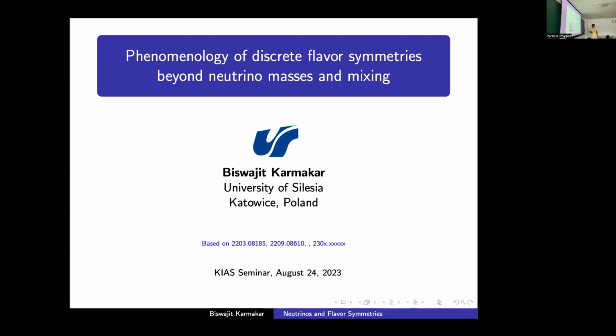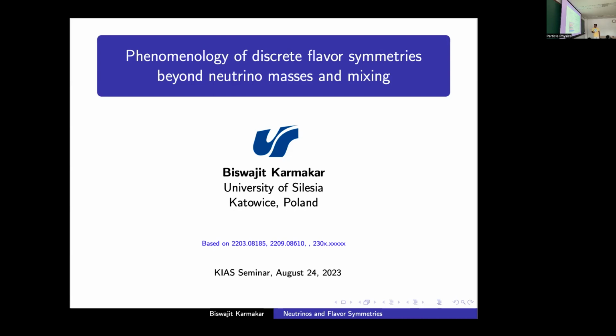Now, this is what we know about the lepton masses and mixing. You can see that the neutrino masses are very light compared to the other standard model fermions. If there are three active neutrinos, we can have three non-zero neutrino masses, from which we can construct two mass square differences.